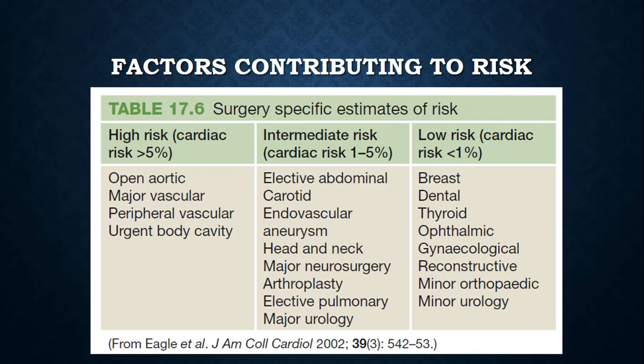There are some low risk surgeries, intermediate risk or high risk, like simple breast surgery or thyroid surgery or simple gynecological or minor orthopedics and minor urology surgery are considered as low risk, while elective abdominal, carotid or endovascular surgeries, particularly for aneurysm, and major head and neck surgeries carry a risk of around 1 to 5%, while high risk surgeries include open aortic, major vascular, peripheral vascular or urgent body cavity surgery.